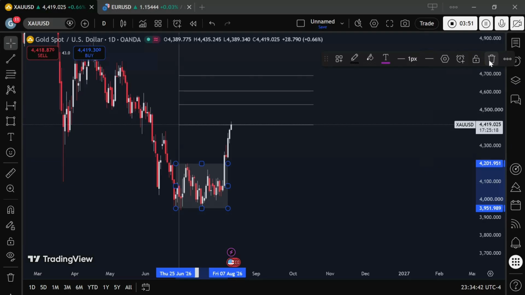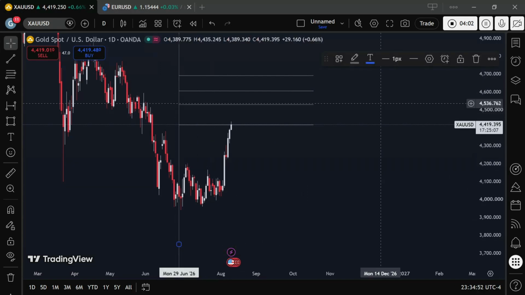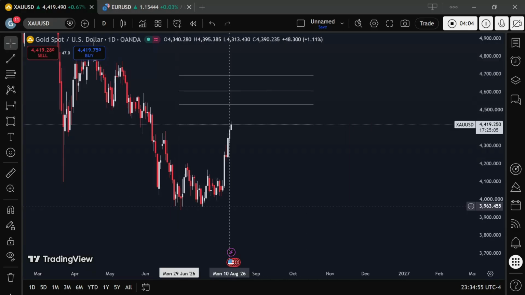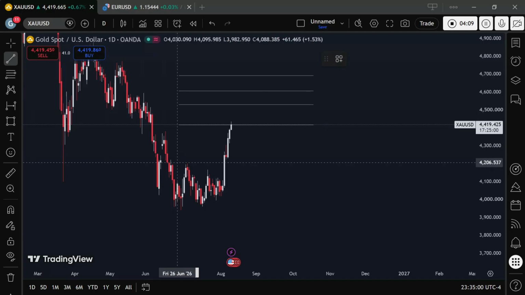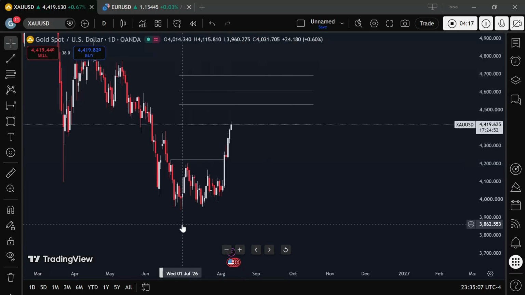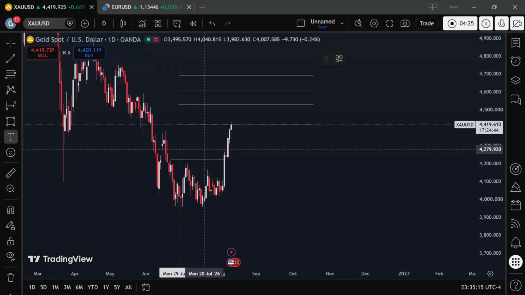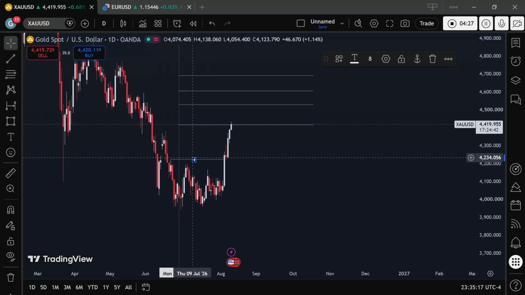So we can expect price to maybe come back and fill before grinding much higher. We also do have our change of character right here, a change of character on the bullish daily time frame.